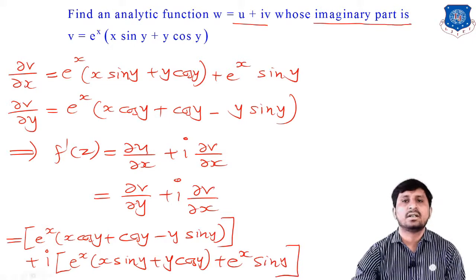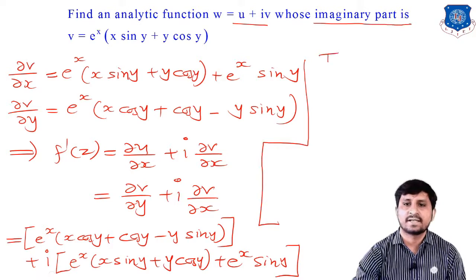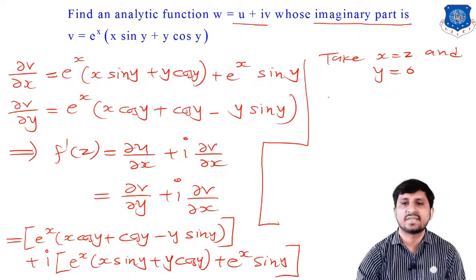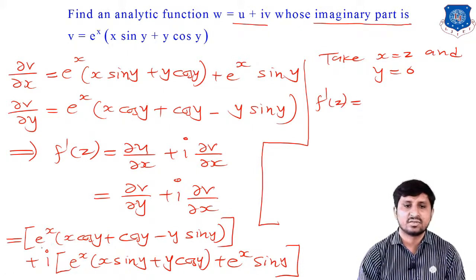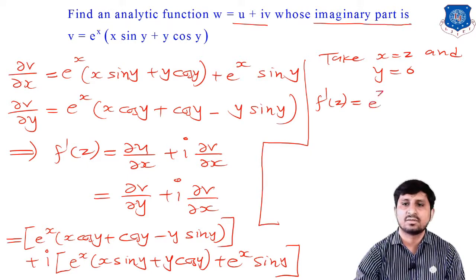Now let's take x equal to z and y equal to 0 to find f dash z in terms of z. So what is my f dash z? First, e raised to z into z cos 0, which is 1, so z, plus cos 0, so plus 1.